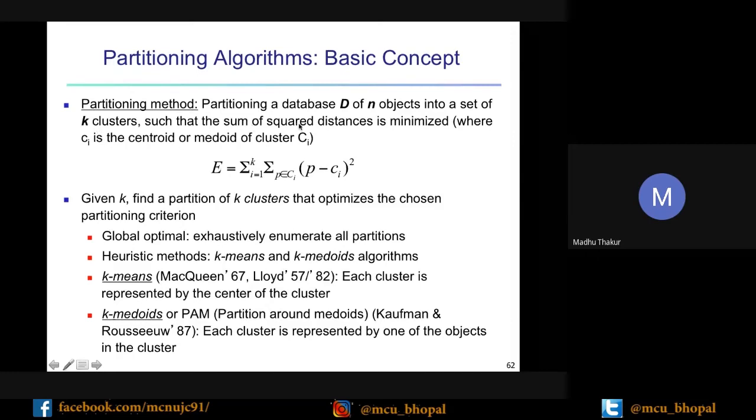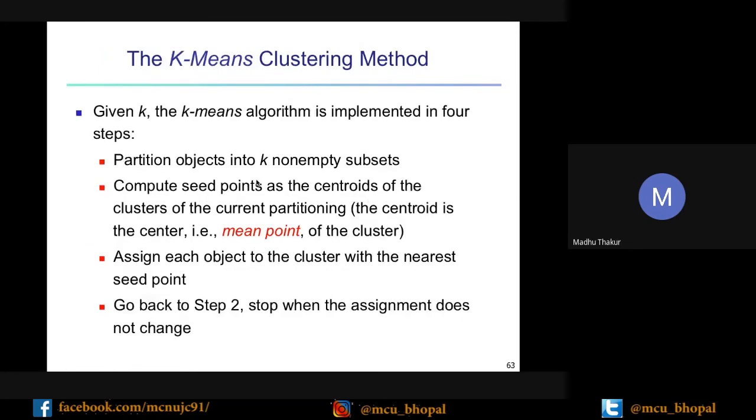You divide the n objects at random into k clusters, define the sum of squared error using this formula, and try to minimize it. Every time, you compute the mean value inside the clusters, change the cluster shapes, and recalculate the sum of squared error. Once there are no changes, you can stop the process. This is based on either k-means or k-medoids.